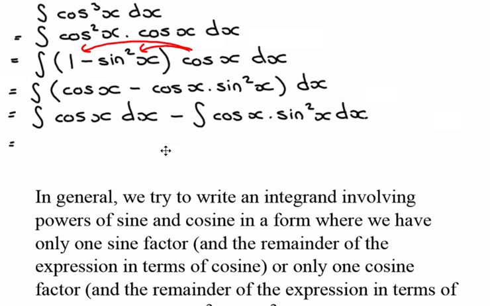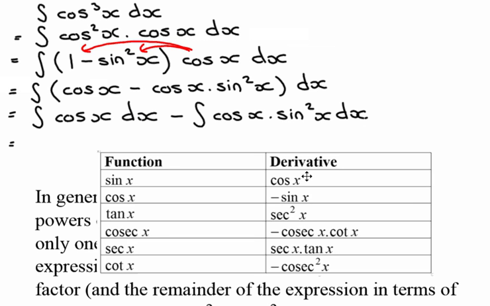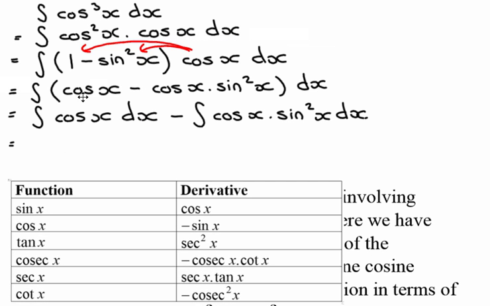Right, now we know from our table, let's pop our table here so you can see. This one's nice and straightforward. The integral of cos x is just sine x. Minus. Now remember, here we can use inspection because I see a composite function, sine squared x, and I see the derivative of the inner function.